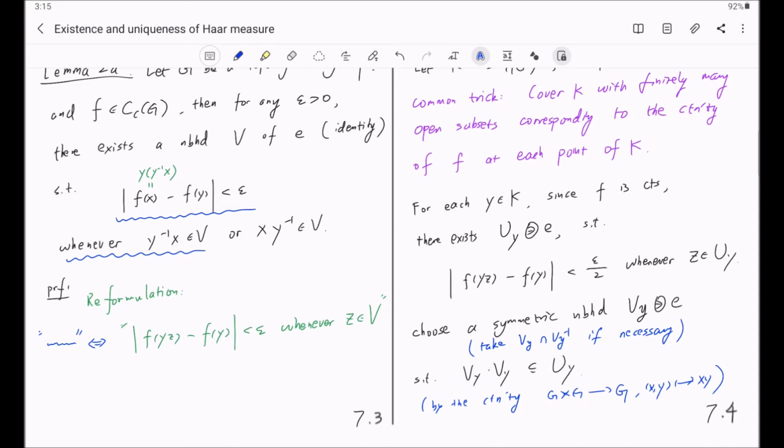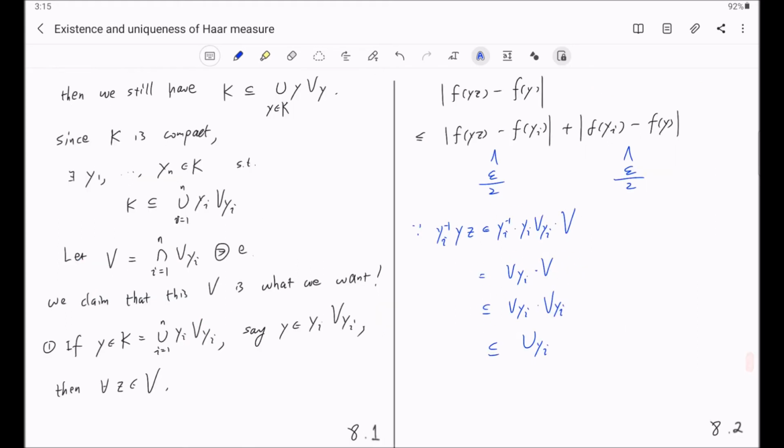But for any z in U sub y, we have this inequality hold, which is precisely needed in our situation here. And this verifies why this absolute value is less than half epsilon. And now let's look at this part.